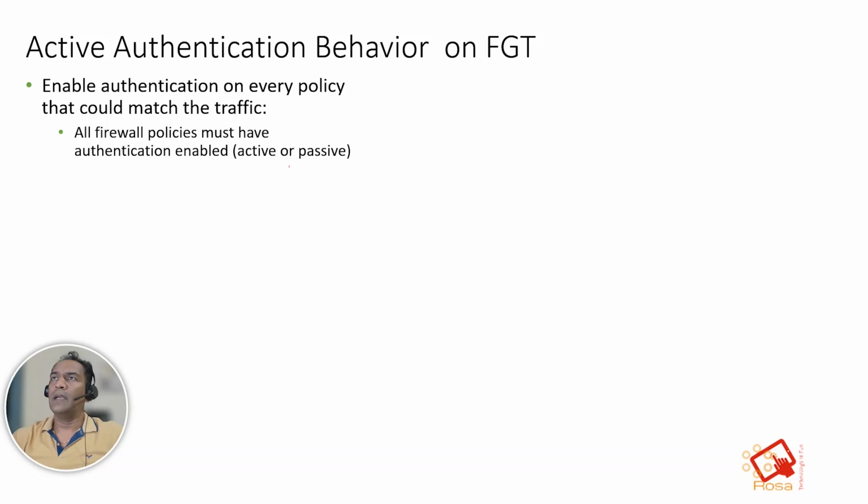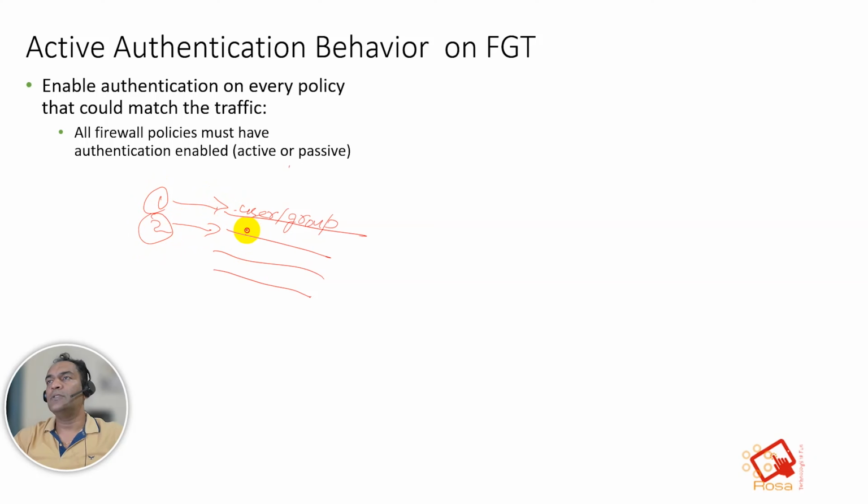When you are doing active authentication, you have to enable authentication on every policy that could match the traffic. So if you have 10 policies, all should have the username or user authentication, user/group. If a user does not match the first policy, it will try to hit the second.